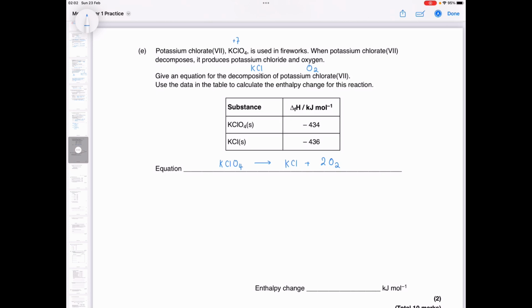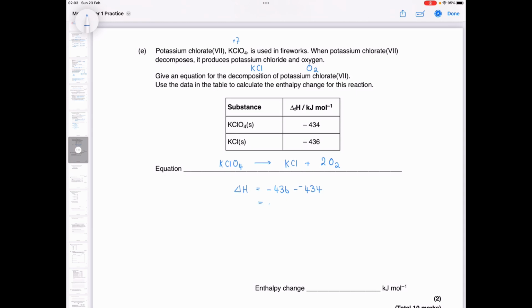And then we've got the enthalpy change of formation. So the enthalpy changes for this reaction, so we've got potassium chlorate(VII) with an enthalpy change of formation of -434, and we've got potassium chloride with an enthalpy change of formation of -436, and so in total the enthalpy change is going to be equal to the enthalpy change of formation of products, -436, take away the enthalpy change of formation of the reactants, -434.